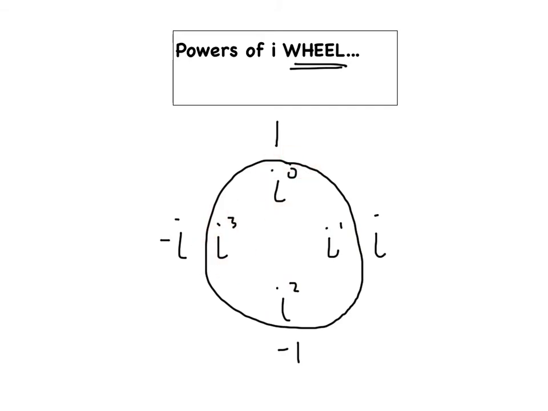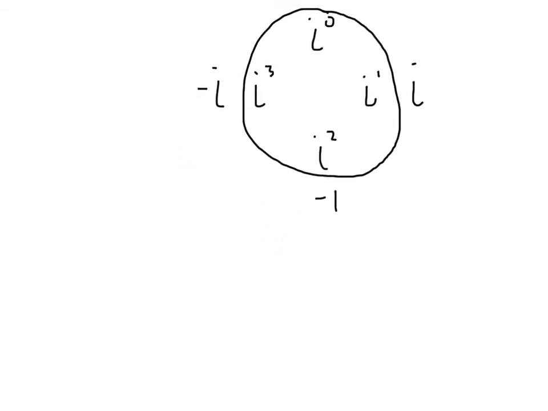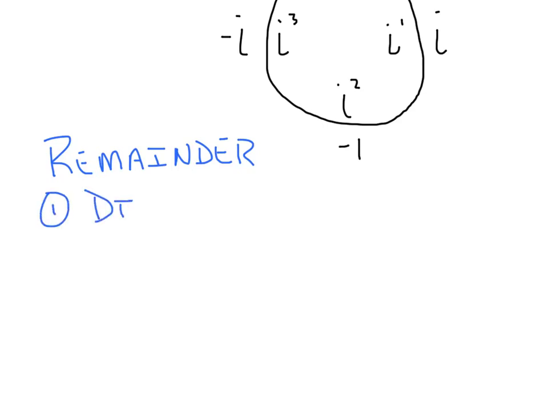So ultimately, the question becomes, how am I going to use this pattern to help get to the answer as quick as possible? In other words, how are we going to cheat a little bit? What we're going to do is focus on the remainder. It's been probably years since you talked about this idea of a remainder. But because the powers repeat every fourth power, the first thing we're going to do is divide the given exponent by 4.